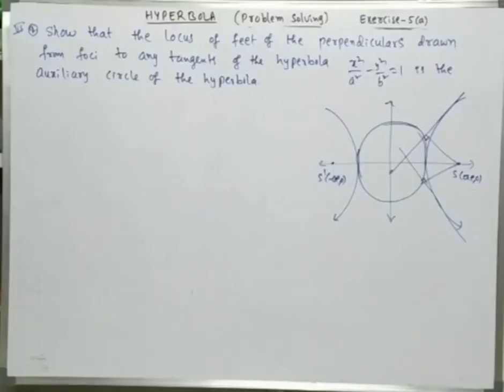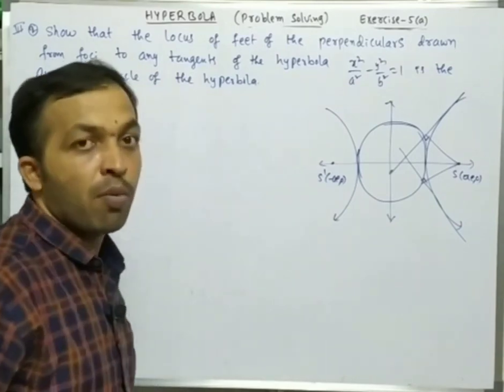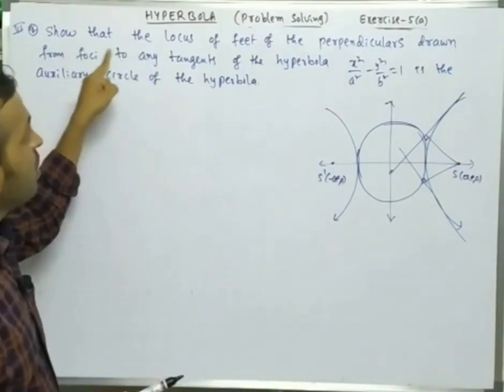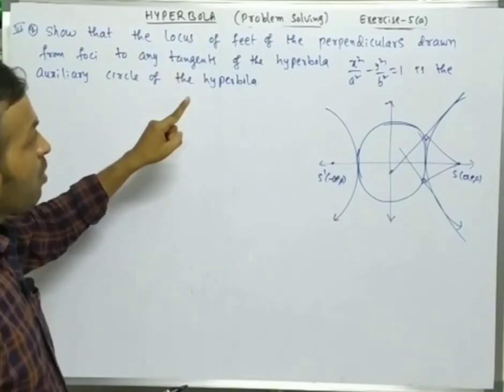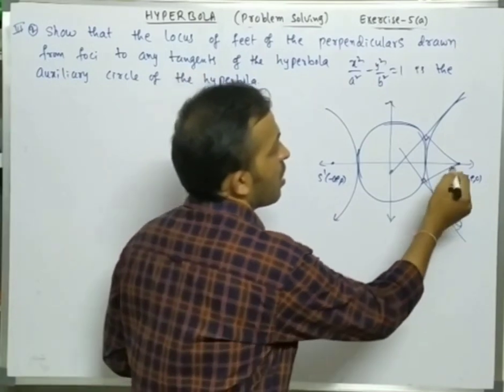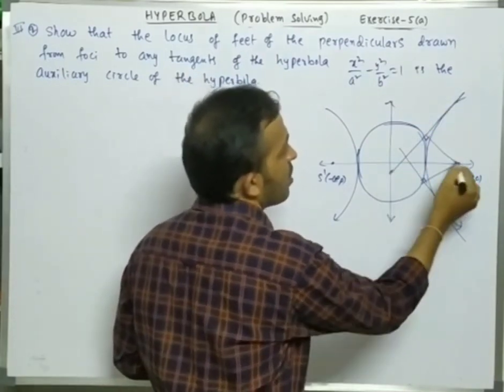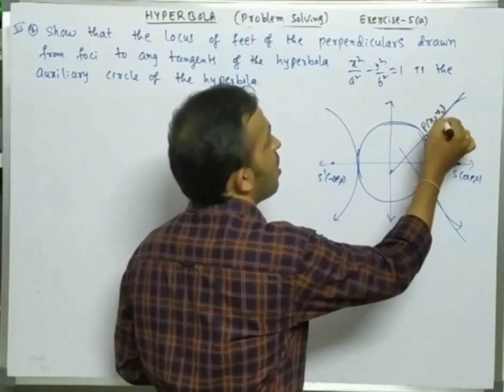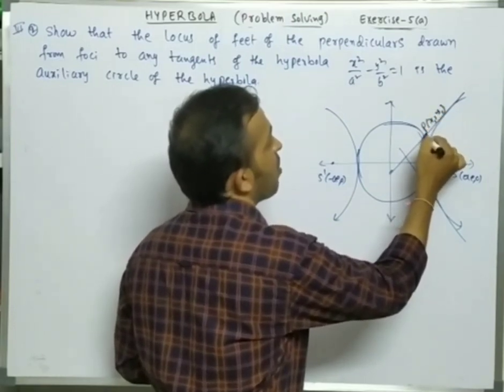Next problem. This type of problem we already did in the ellipse chapter. So show that the locus of the feet of the perpendicular drawn from foci to any tangent. This is foci, this is tangent. This is the foot of the perpendicular. Let it be x1 comma y1. This is the perpendicular, right?